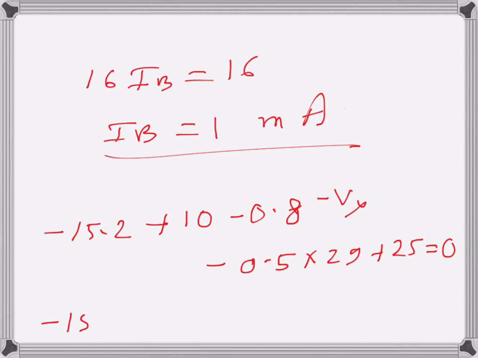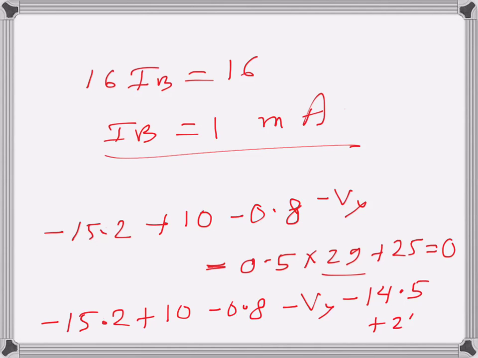So I have minus 15.2, plus 10, minus 0.8, minus Vy, and minus 29 times 0.5, which is 14.5, half of 29 basically, plus 25.